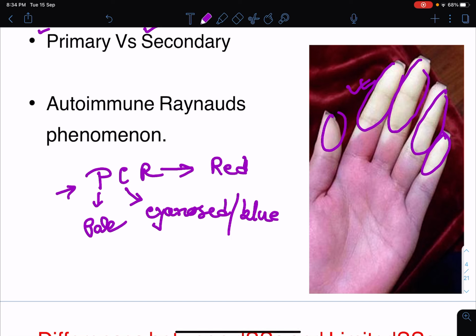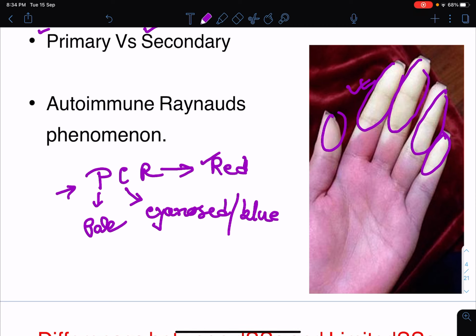Next, this area will become cyanosed or look bluish because of increased levels of reduced hemoglobin in the particular area. And when the blood supply gets re-established, this area will become hyperemic or red.